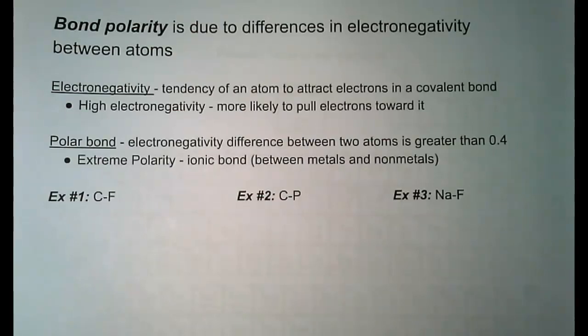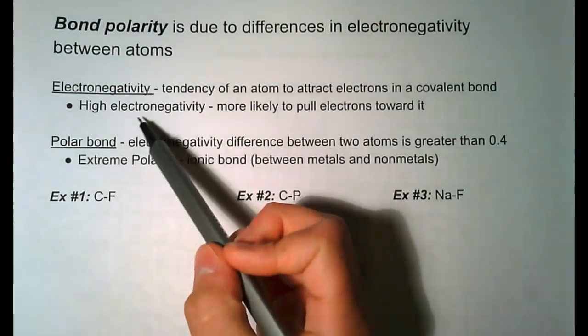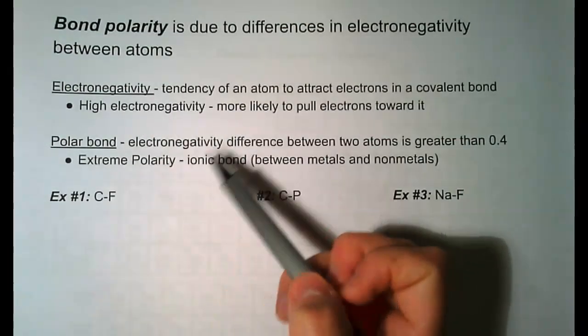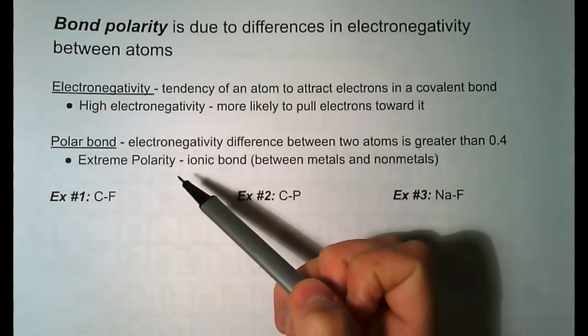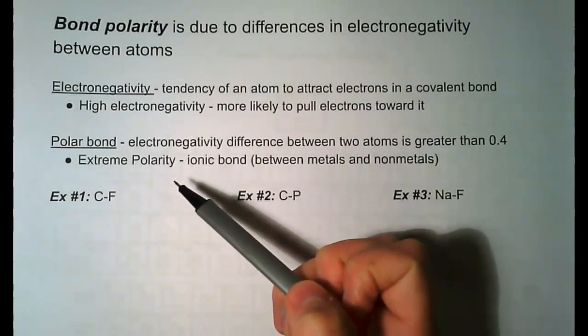But we can get values for electronegativity by looking at a special periodic table that has all of the electronegativity values listed, which you will be allowed to use to complete the activities in this unit and allowed to use on your test. So, high electronegativity means that an atom is more likely to pull electrons towards it than an atom with lower electronegativity.